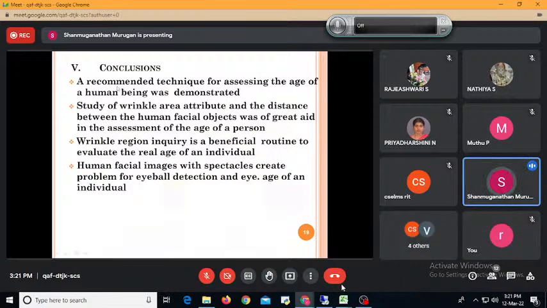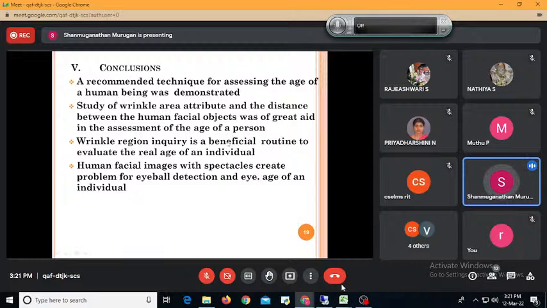Then the conclusion. The recommended technique for assessing the age of a human being was demonstrated. The study of the wrinkle attribute and the distance between the human facial objects was of great help in the assessment of the age of a person. The wrinkle region inquiry is a beneficial routine to evaluate the real age of an individual.